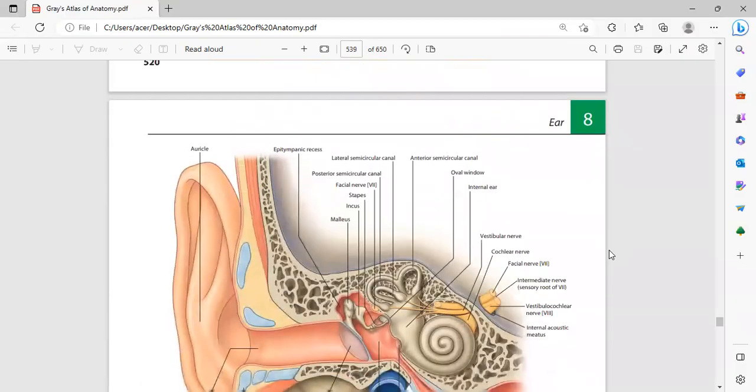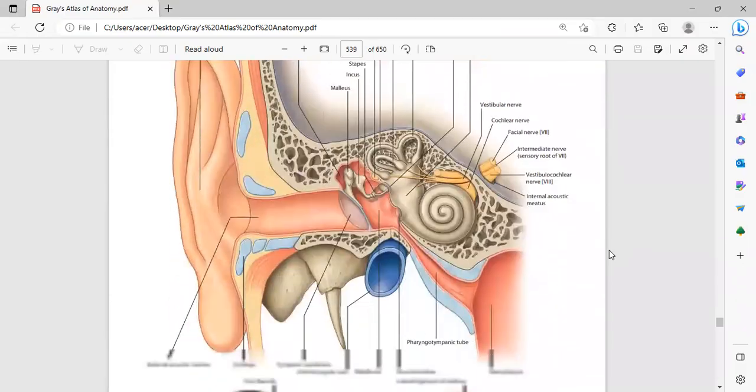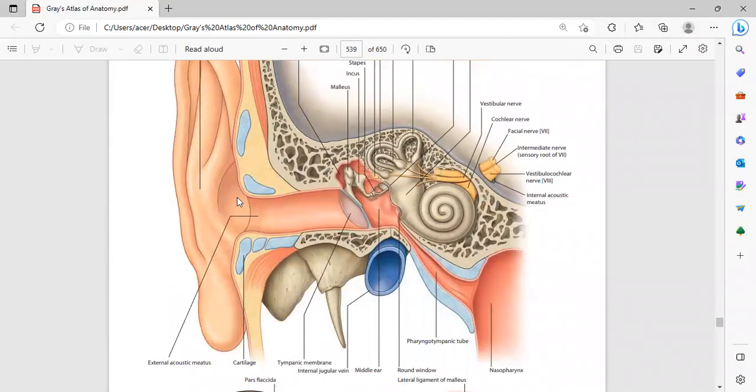Now going on to the external auditory meatus. Okay, so this part here, this is the external auditory meatus. It is made up of both bone and cartilage. The outer third is made up of cartilage, and the inner two thirds is made up of bone. Right?